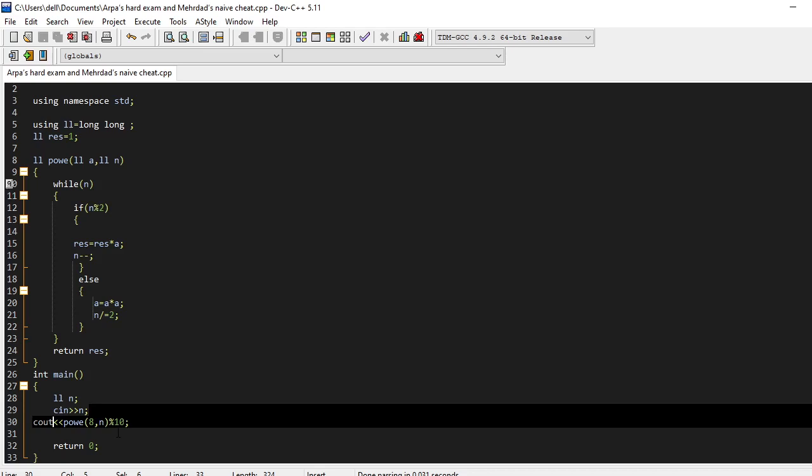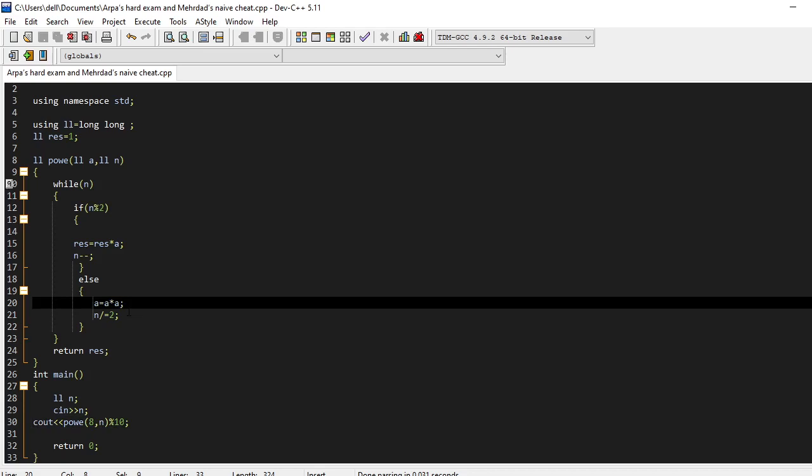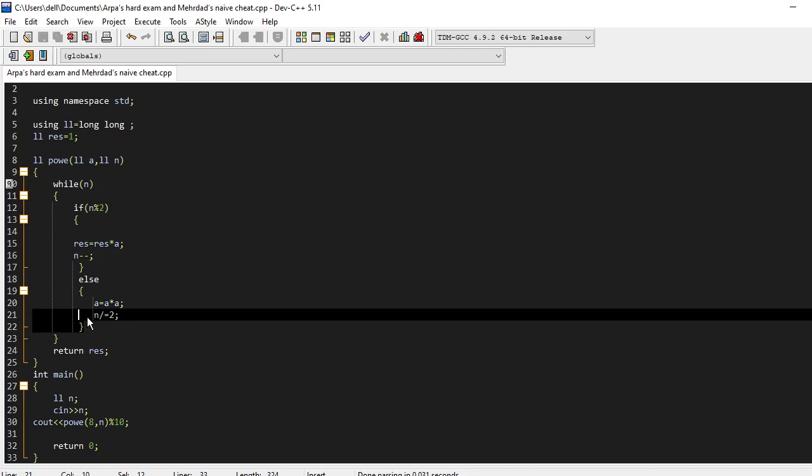Otherwise, if it is even, then we multiply the base, a equals a into a, and we divide n by 2. So this is the method for finding the exponent in order of log n time.